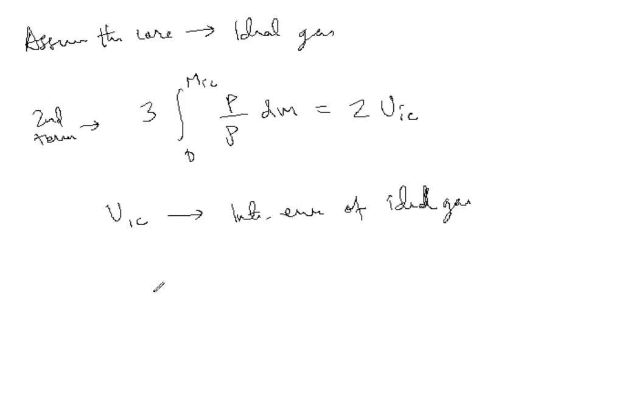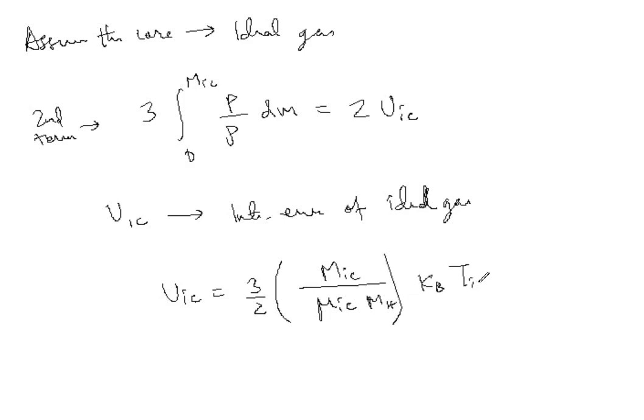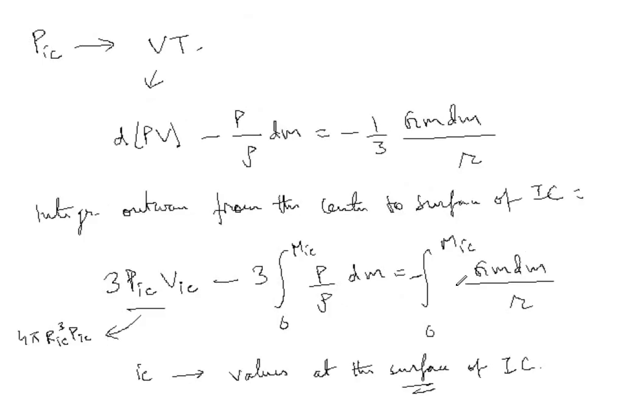Okay, so that we can write U_IC is equal to 3 by 2 into M_IC divided by mu_IC into m_H into k_B T_IC. Okay, now what about this value, the right side expression? Now on the right hand side we have the gravitational potential energy of the isothermal core.